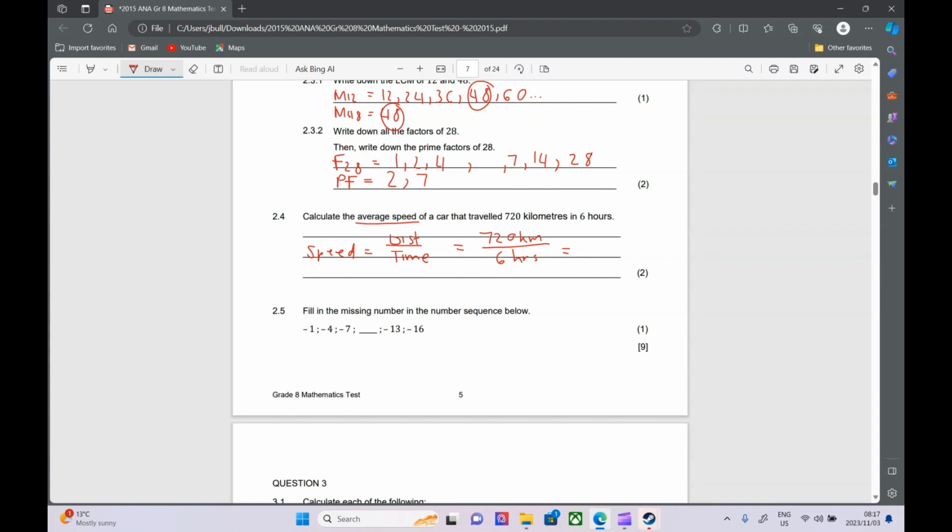Okay, next up we have got Peter ate 1/5 of his 250 Smarties. How many Smarties were left? Okay, so how we work out 1/5 of 250? How you work that out is you always divide by the bottom number times by the top.